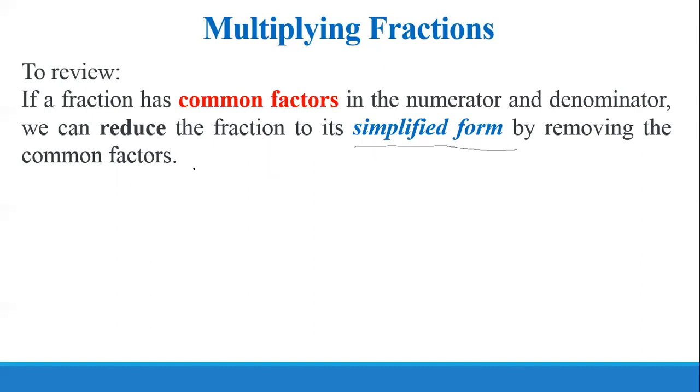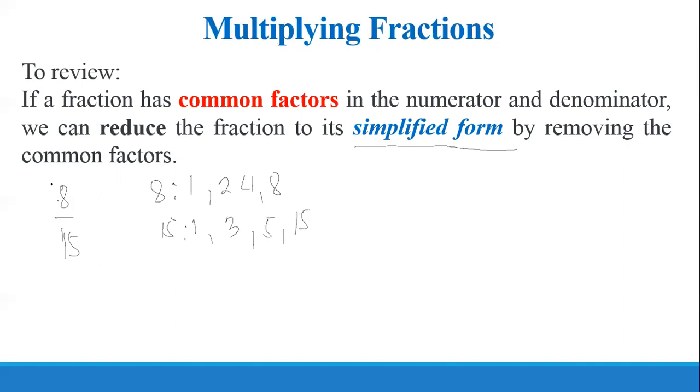Ayan. For example, given 8/15, the factors of 8 are, ano yung mga factors ni 8? We have 1, 2, 4, 8. Okay? And the factors of 15 are 1, 3, 5, and 15.